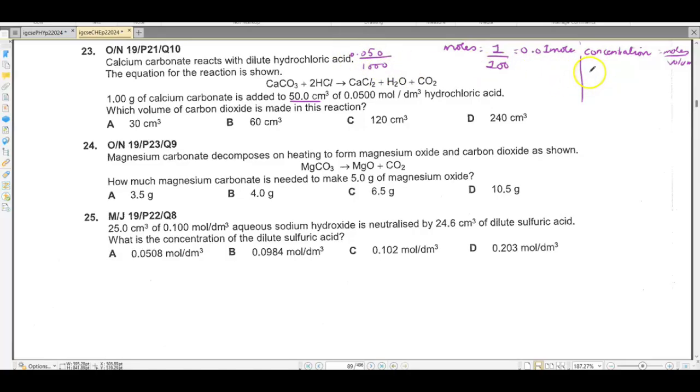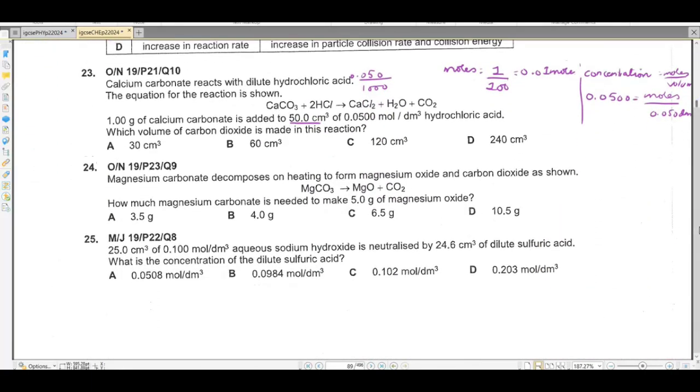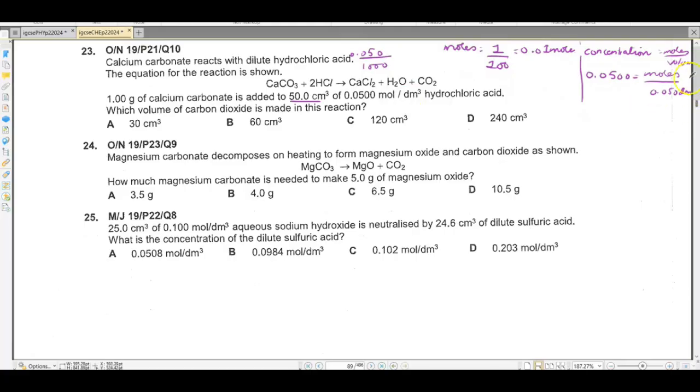Okay. So the concentration 0.0500 is equal to moles over the volume, which is 0.050 decimeter cubes. After we multiply this, we are going to get 0.0025.